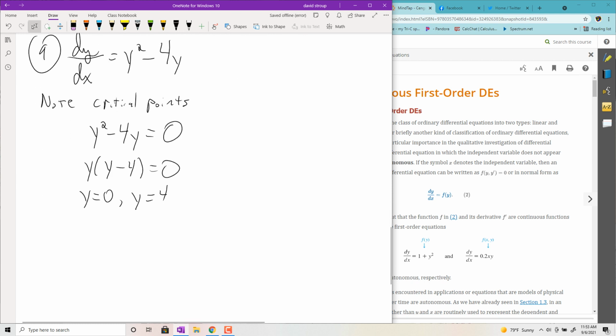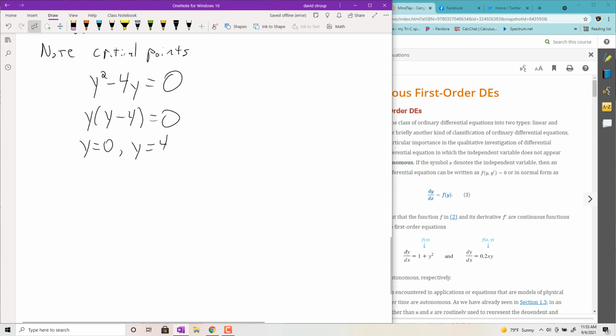From here, we can quickly draw the slope field, right? At y equals 0, your lineal elements will all be horizontal, and then also at y equals 4, your lineal elements will all be horizontal.